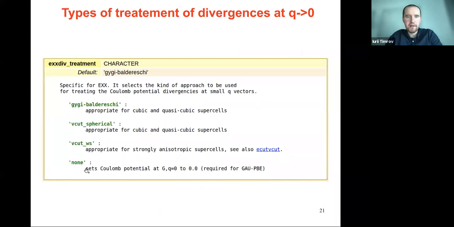And if you specify none, then it sets the Coulomb potential simply to 0, but this is not really the best way to go unless you're using this specific type of hybrid, which is Gau-PBE, which is not that popular actually.